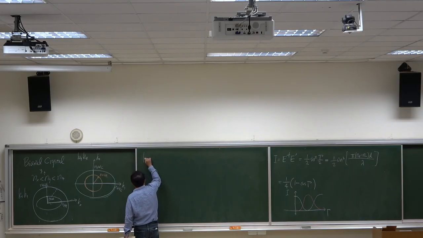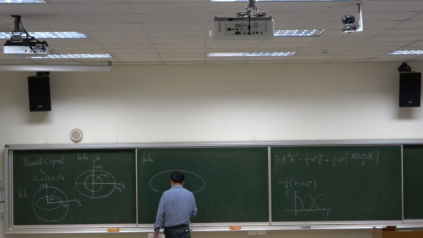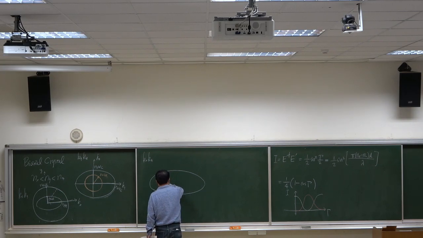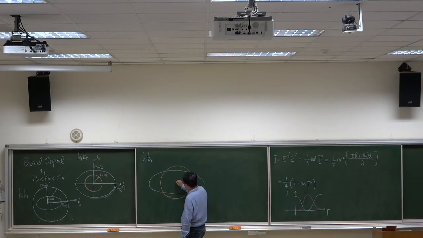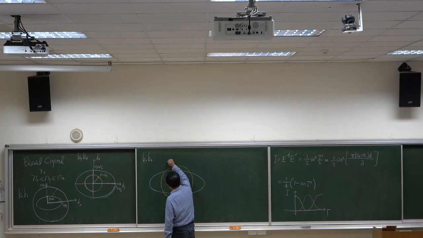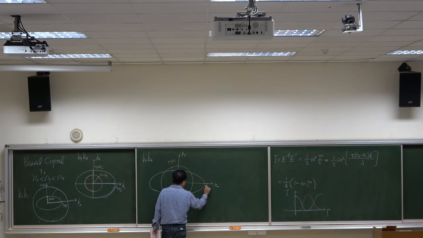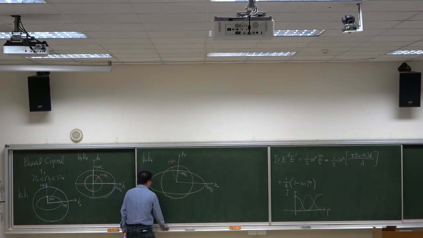Now, in the kx-kz plane, we have the circle whose radius is equal to ny omega over c, and the semi-major axes of the ellipse are nz omega over c, nx omega over c. Okay, and now we have two optic axes.